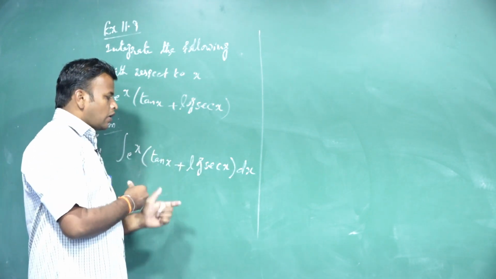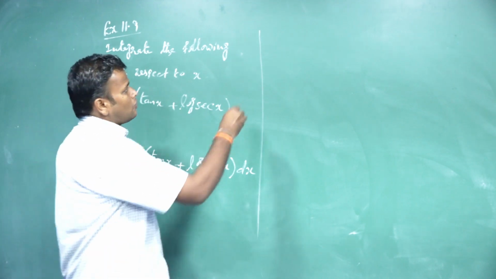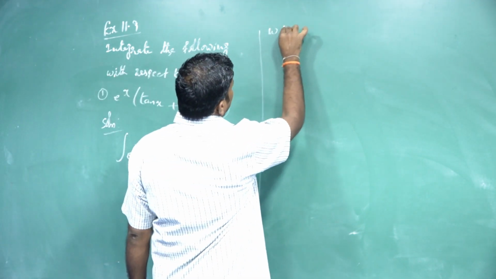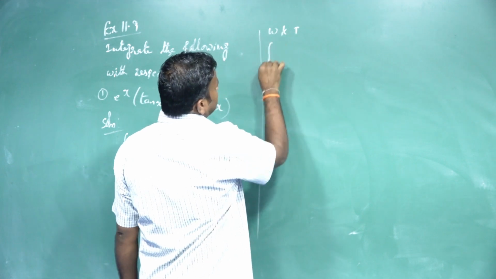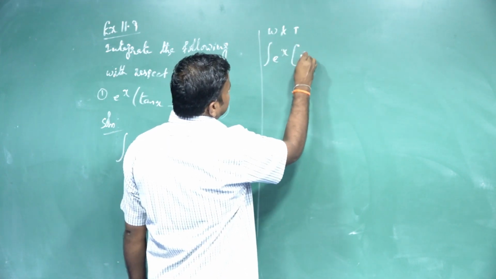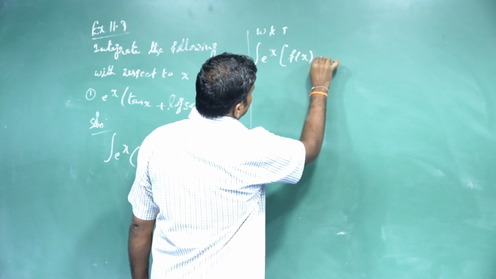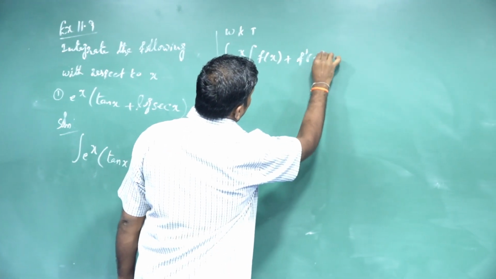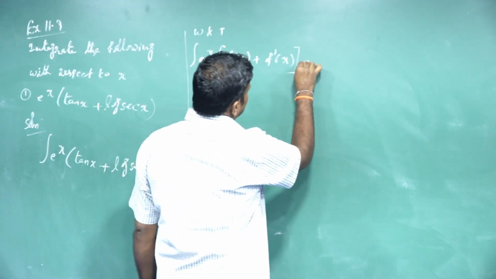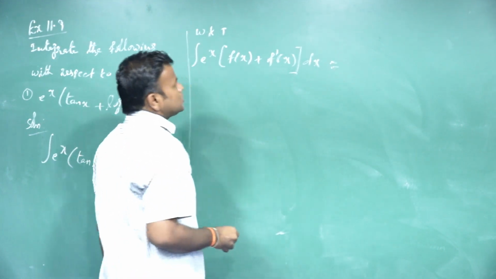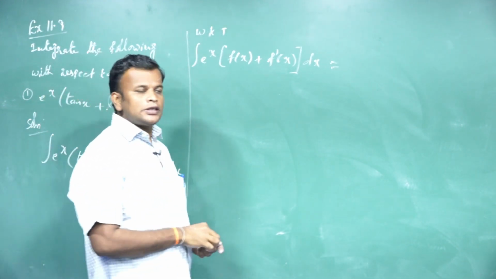So now we come to the formula method. In each and every sum we must write the formula. What is the formula? The integration of e power x into f of x plus f dash of x into dx is e power x into f of x.